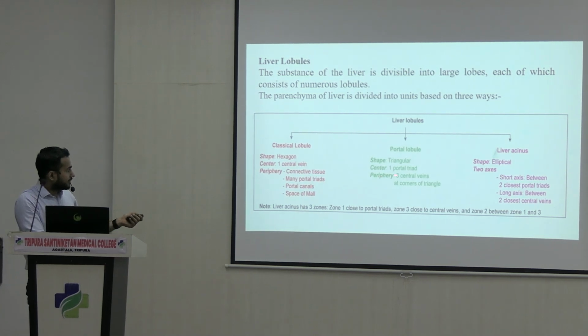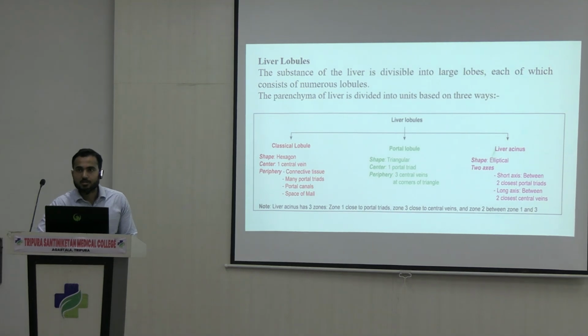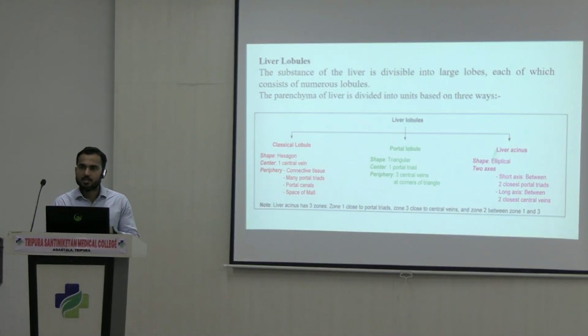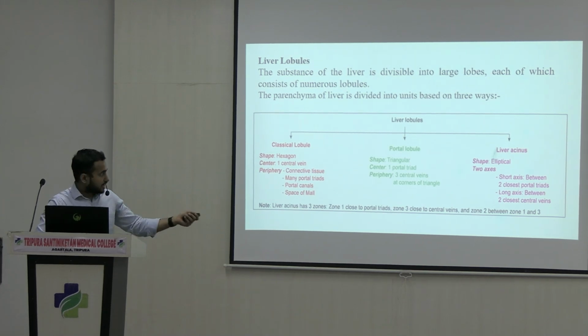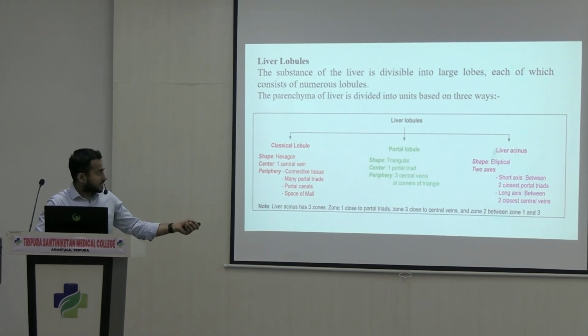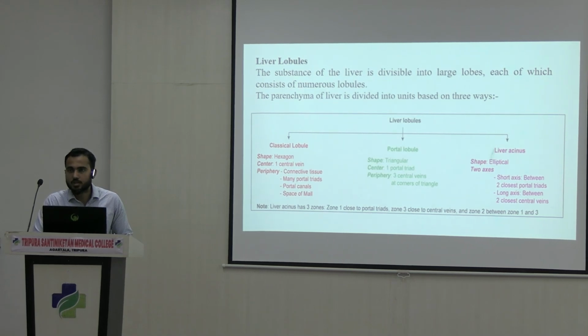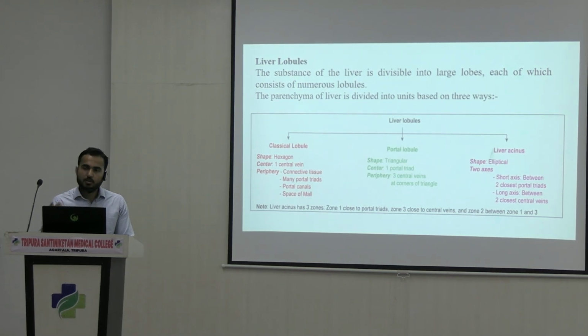In the portal lobule, central veins are at the corners of the triangle. In case of acinus, 2 axes are there, a short axis and a long axis, and along with that, different zones are there. So first we will discuss each lobule.